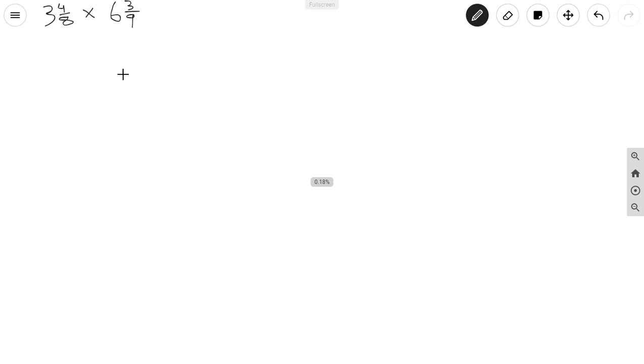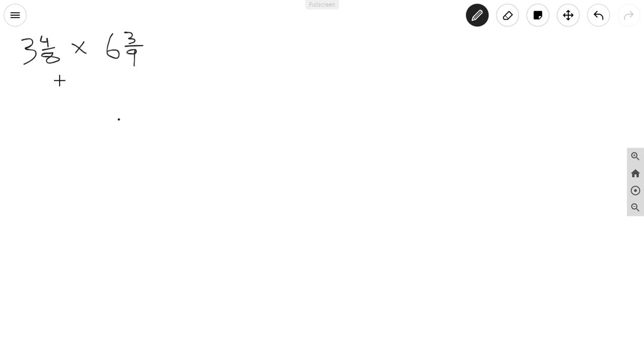Alright. Oops, sorry about the screen. So I got 3 and 4/8 times 6 and 3/9, right? So the first thing, as I said, you want to simplify, right? And I can simplify these two.